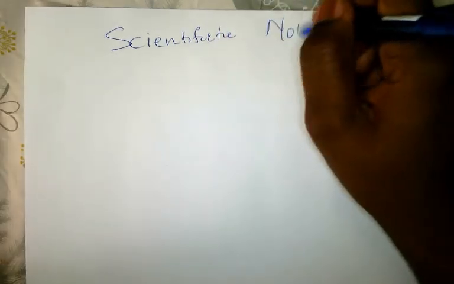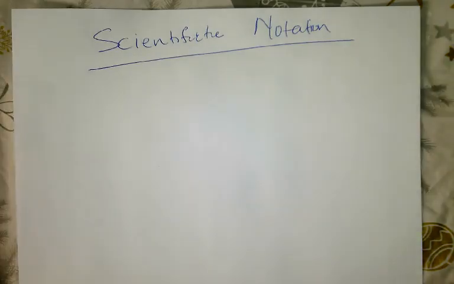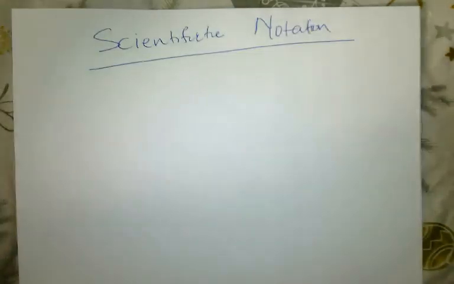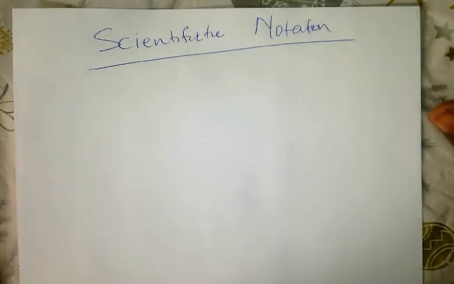So, what is the significance of writing things in scientific notation? You're given a bigger number, you want to write it in a way that it would make sense, or a very, very small number, you want to write it in a way that we can use it. So you need to be able to write when you are given scientific notation.